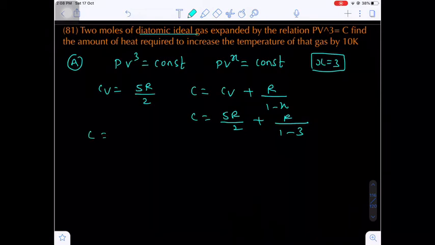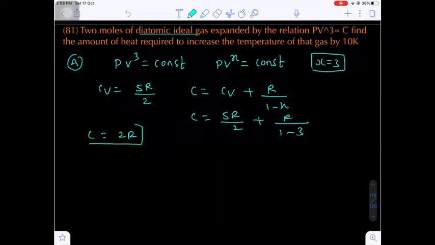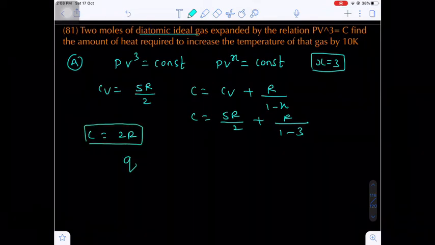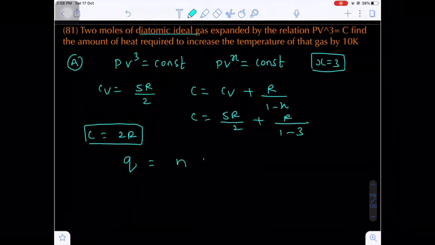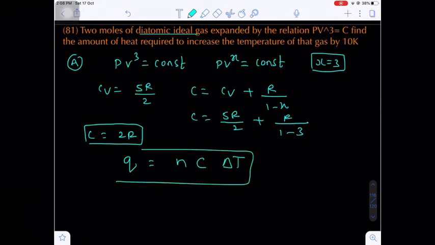So overall you will get the C value as 5R by 2 minus R by 2, that will be 4R by 2, nothing but 2R. Now the heat exchange will be equal to n into C into delta T.